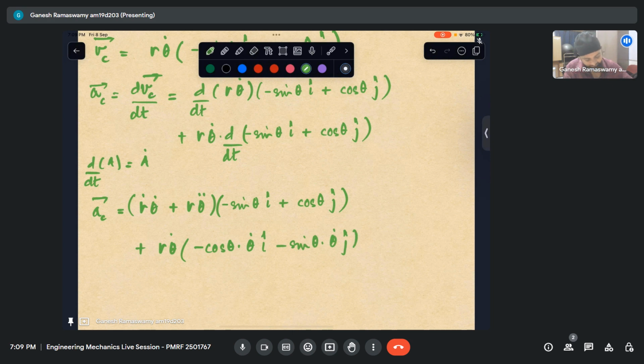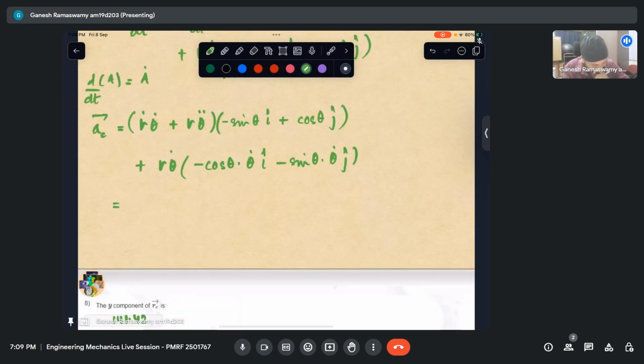So if I group all the I terms, this comes out as 2 r dot, which is 0 actually. So this quantity is 0.